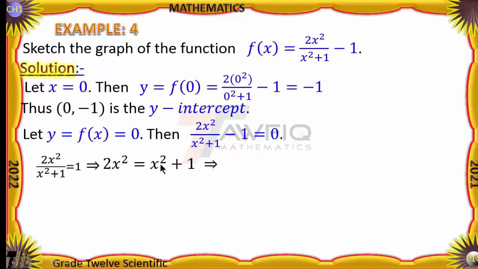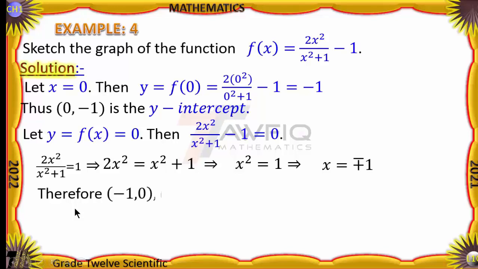Take x squared from right to the left and subtract it, then x squared is equal to 1. Take the square root of both sides, then x equals plus or minus 1. Therefore, (minus 1, 0) and (1, 0) are the x-intercepts.